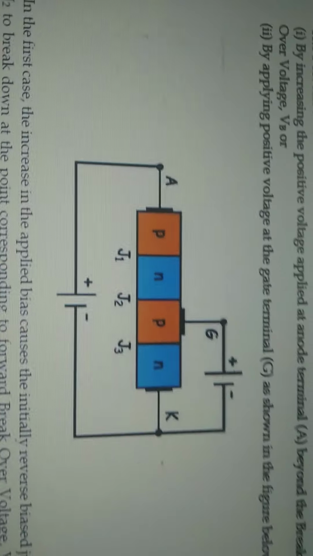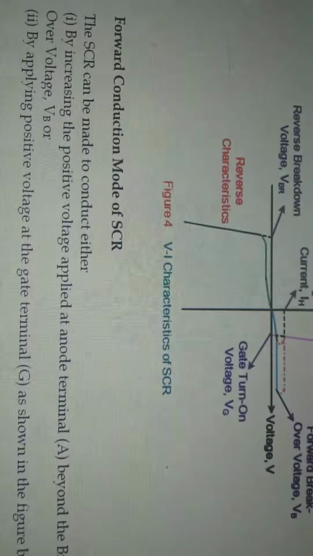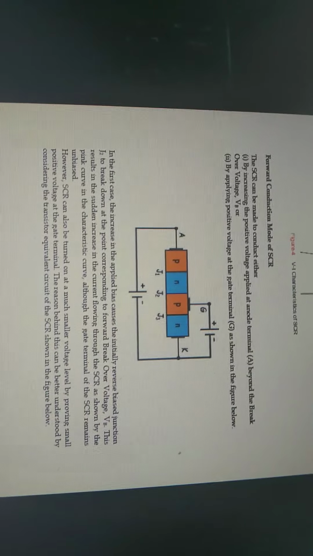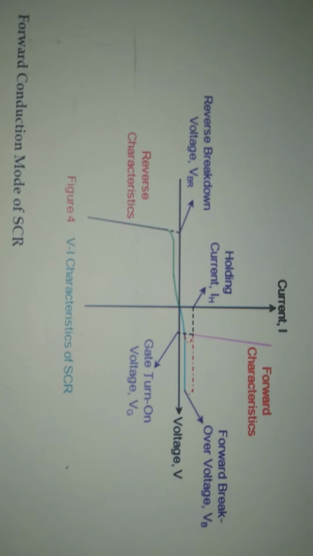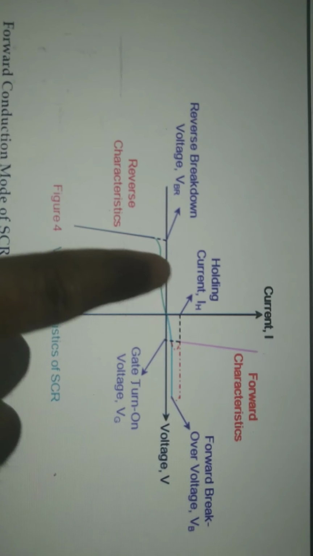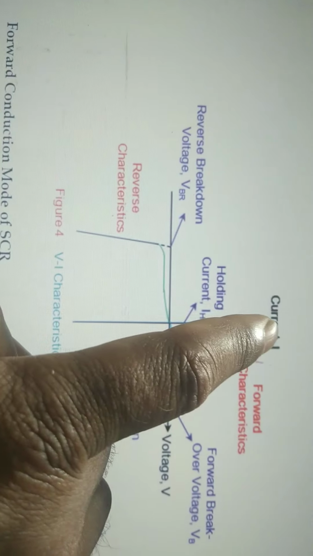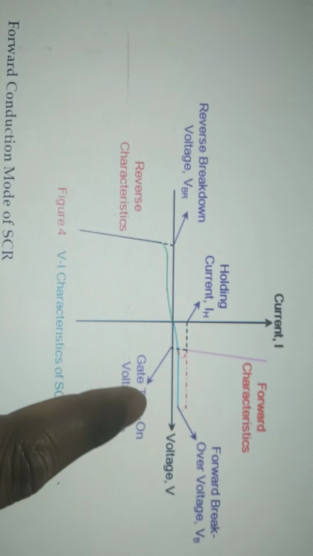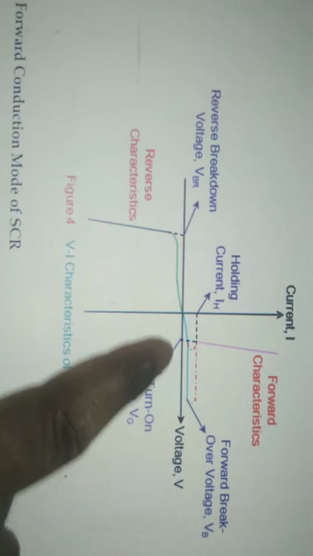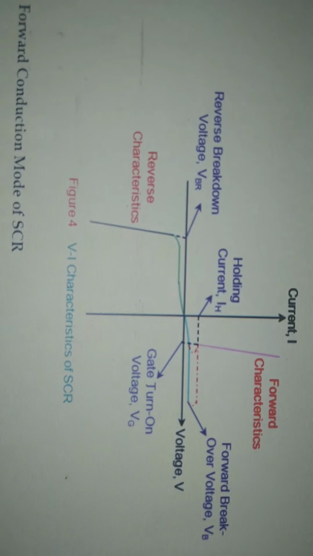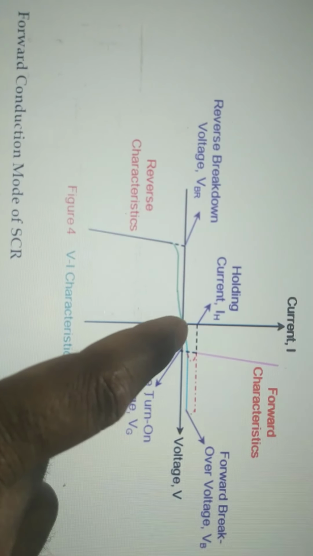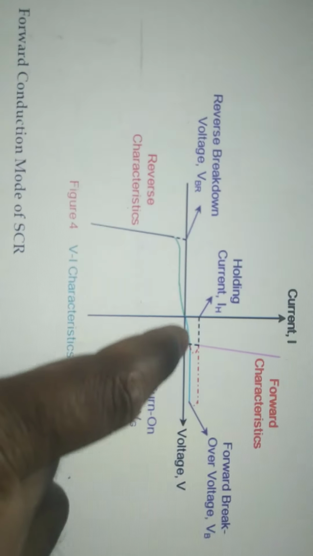Okay, we'll see how to draw the characteristics of SCR. Yes. So these are the SCR characteristics. Y-axis is the anode current, x-axis is the anode voltage. So this is the forward blocking mode.